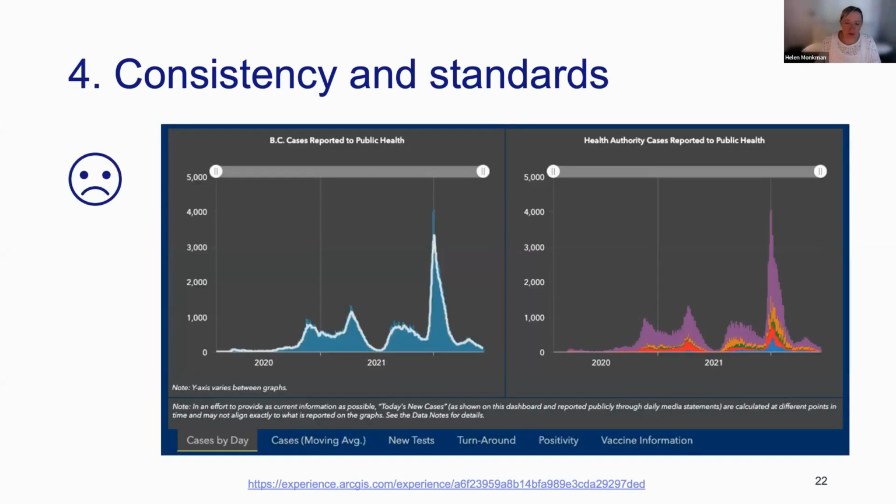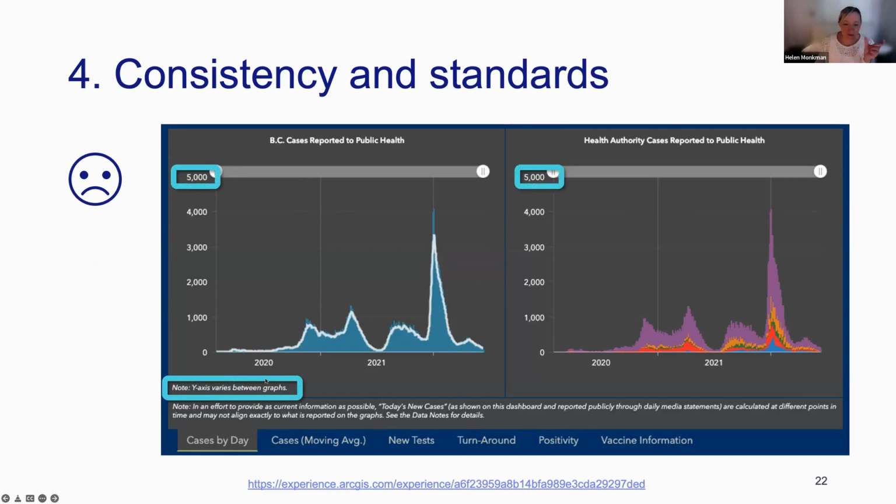And so one of the examples of consistency and standards is from the BC COVID dashboard. And what I found here was that it tells us that the y-axis varies between the graphs, but it doesn't. So they're actually the exact same.